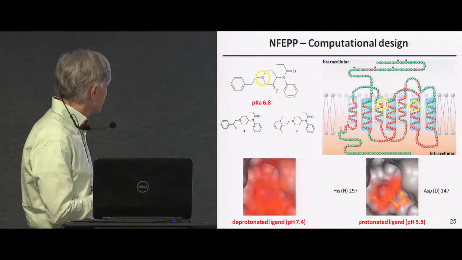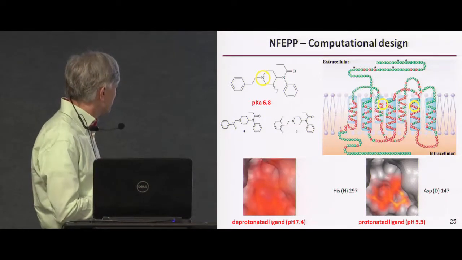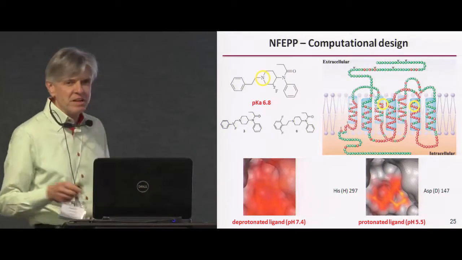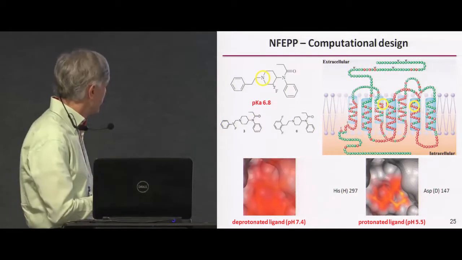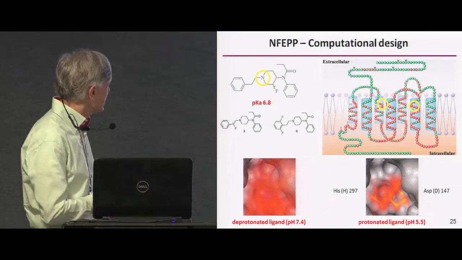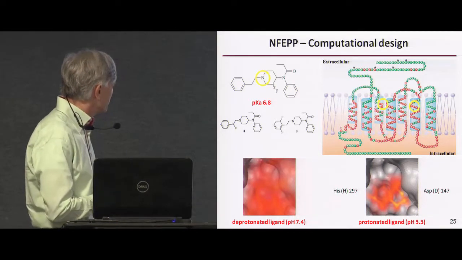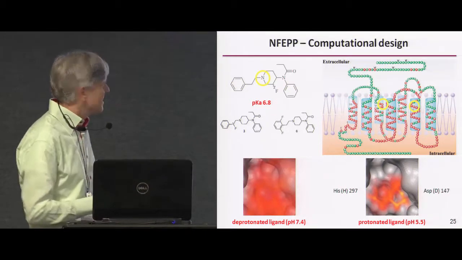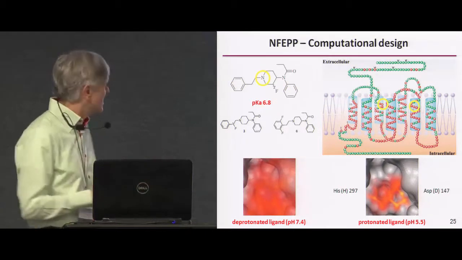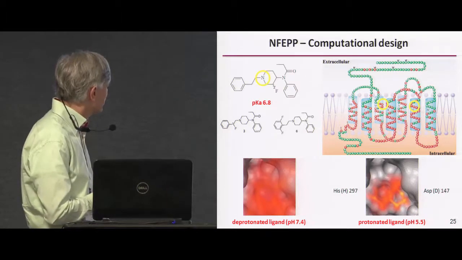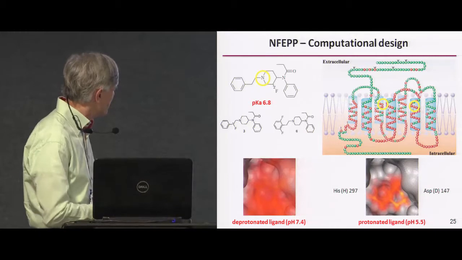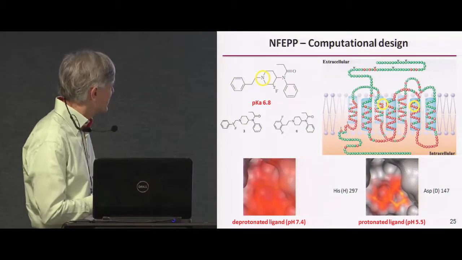Here you can see the fentanyl molecule. And what we found out was that in the model, when the pKa of this fentanyl molecule was lowered to 6.8, this compound was only protonated at these inflamed 5.5 environments, but not at normal environments.